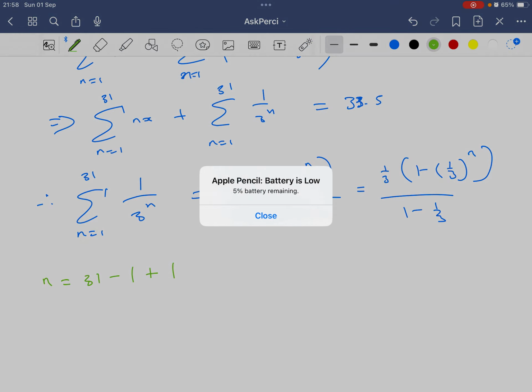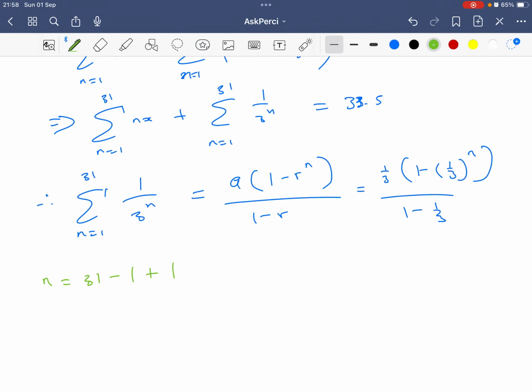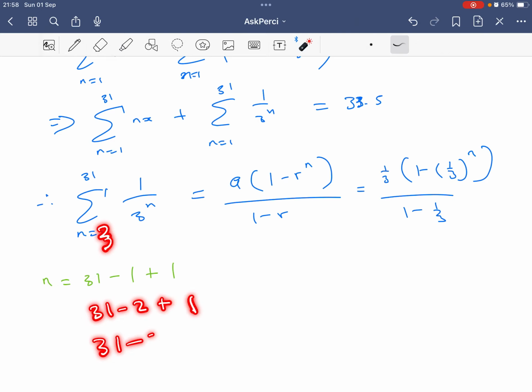It's always the last term minus the first term plus 1. If the first term is 2, it's going to be 31 minus 2 plus 1. If it was 3, it's 31 minus 3 plus 1. That's your n. So your n here is 31, but your n in another sum could be something else.